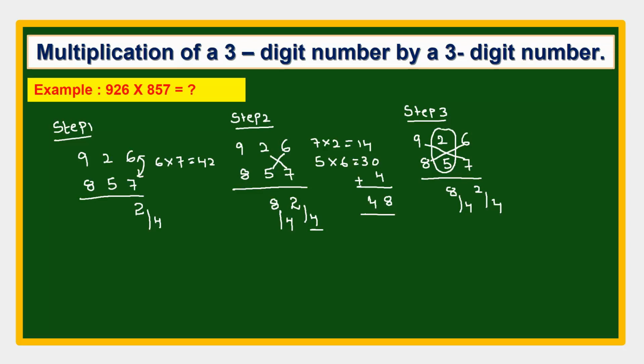Means 7 into 9, 63, 8 into 6, 48, 5 into 2, 10 and carry forward 4 also we have to add.